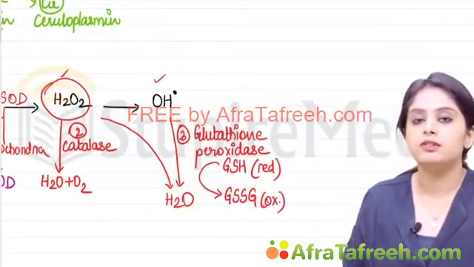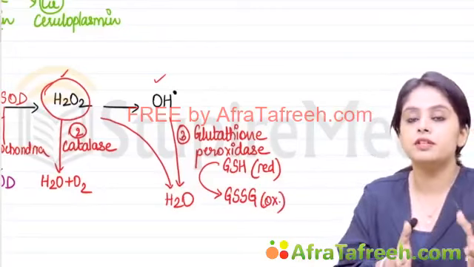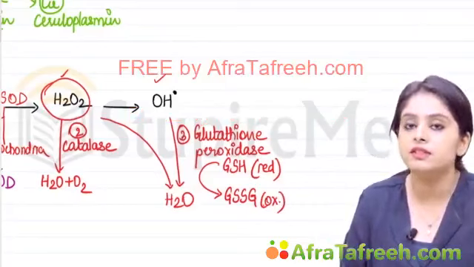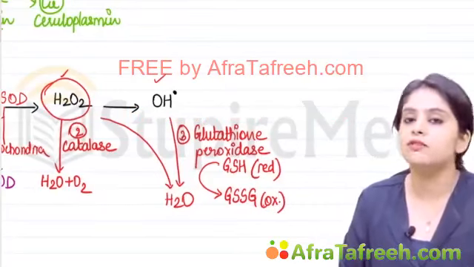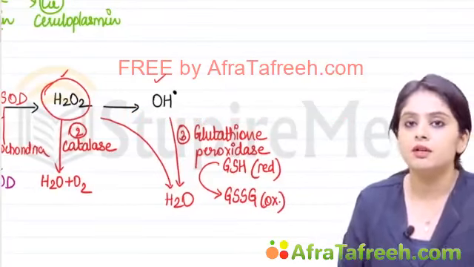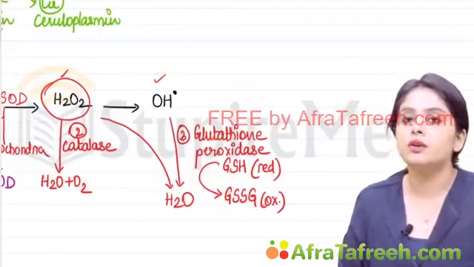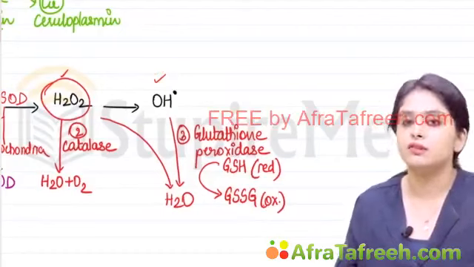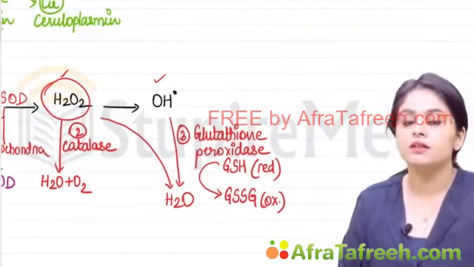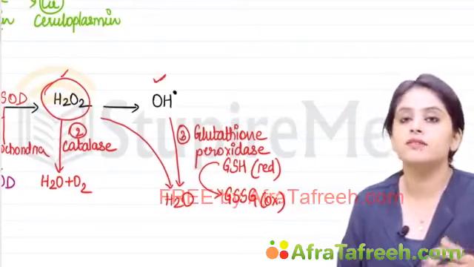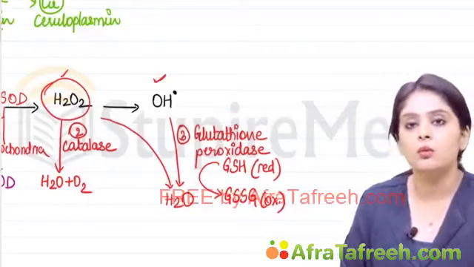Very important, because if we take out a ratio of the reduced to the oxidized form of glutathione in a person, we can get to know how much free radical injury is happening. Because with more free radical injury, more of the reduced glutathione will convert into oxidized glutathione. In turn, more of the hydrogen peroxide and hydroxyl ion will convert into a harmless product like water.